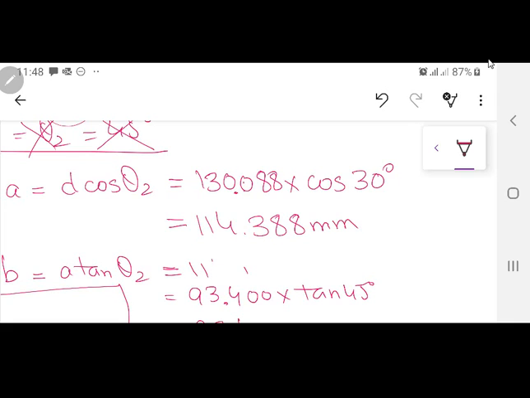So this is 114.388 into tan of 30 degrees.